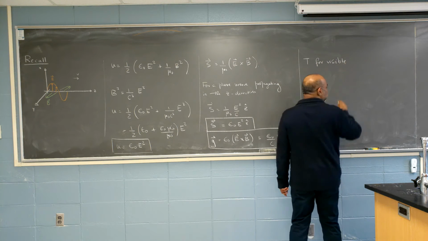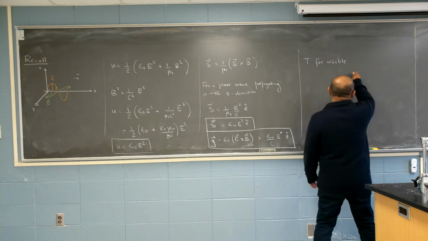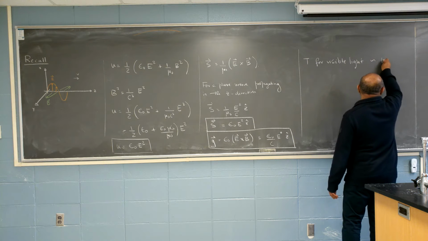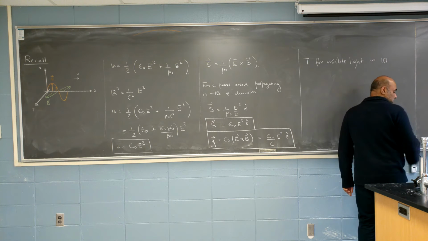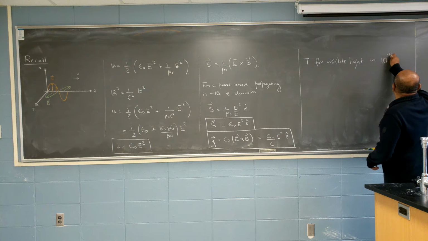When you say visible light, somewhere in the middle, right? I mean, there's a spectrum. Visible light, and this is why he says approximately 10 to the, make sure I'm accurate, minus 15 seconds.